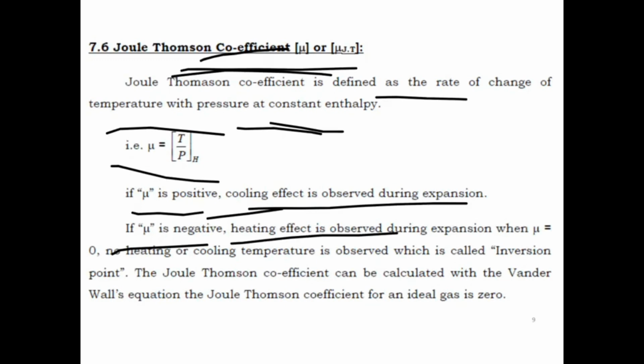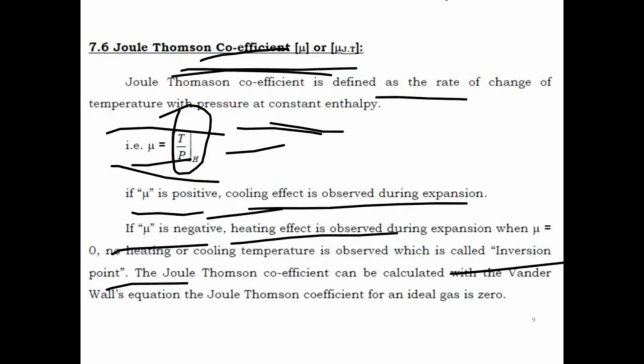And when mu is 0, there will be no heating or cooling of the temperature. That is known as the inversion point. If mu is 0 when you calculate temperature by pressure, it is denoted as the inversion point, meaning no heating or cooling of the temperature is observed.